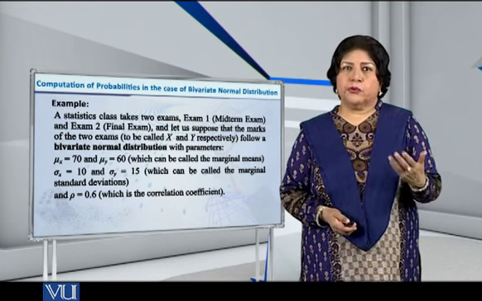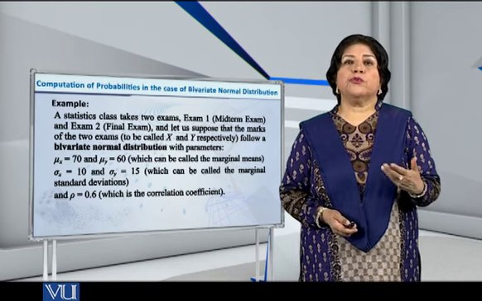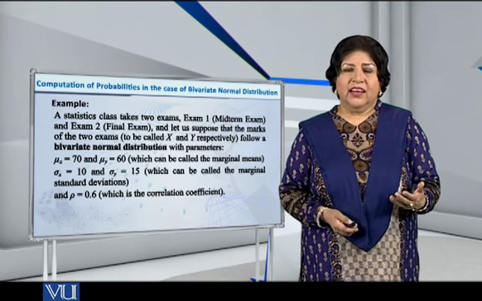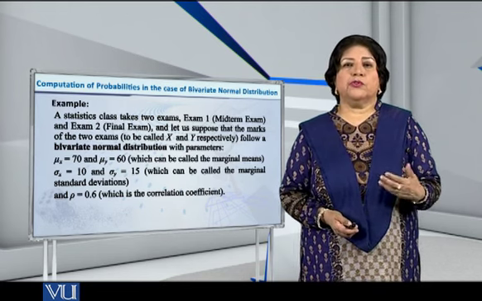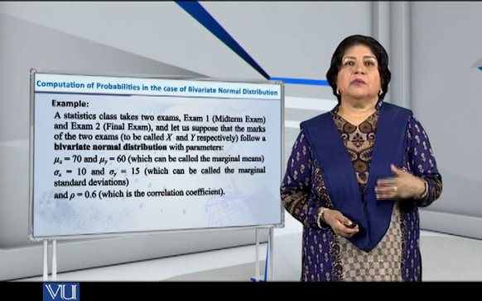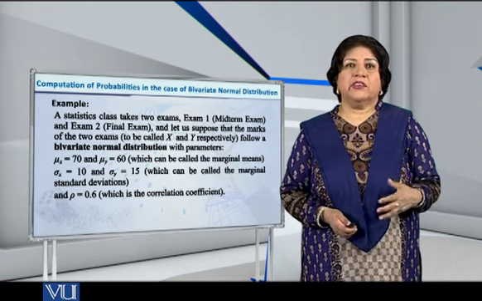Mu X is equal to 70 and mu Y is equal to 60. Sigma X is equal to 10 and sigma Y is equal to 15. And rho, the correlation coefficient, is equal to 0.6.